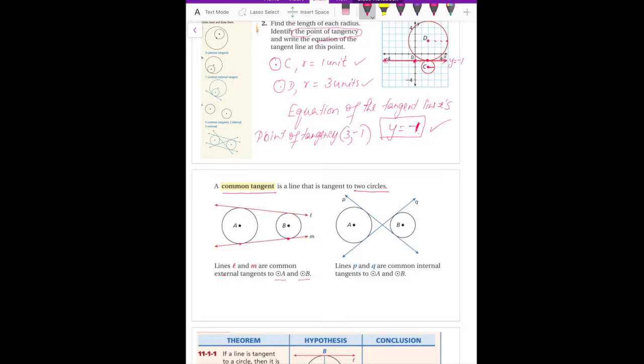And here in this figure, lines P and Q are common internal tangents to circle A and circle B.